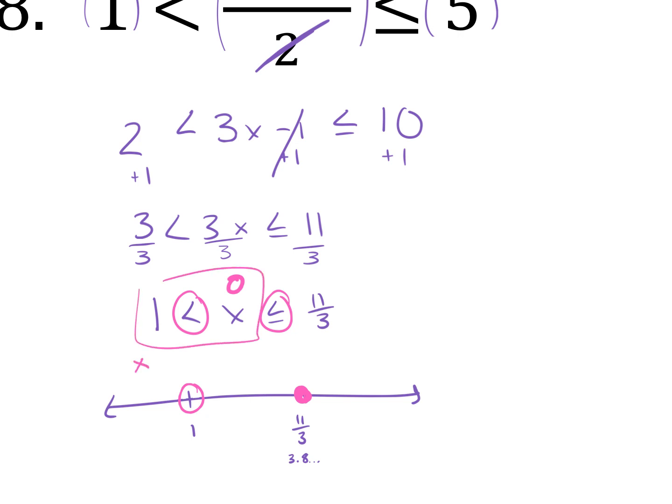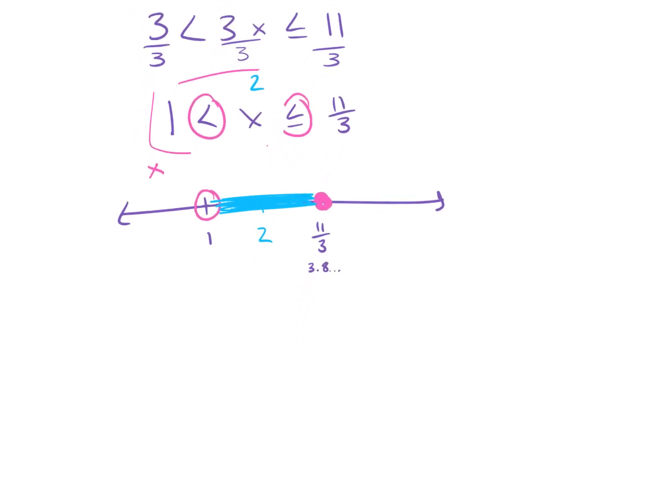No. What's a number in between 1 and 3.8-ish? 2. Let's plug in 2. So if I plug in 2, which is in the middle here, is 1 less than 2? Is 2 less than 3.8? Yep. So where am I going to highlight? In the middle.